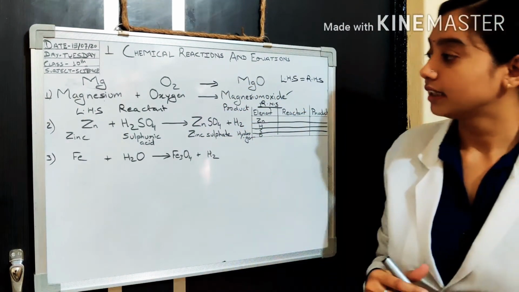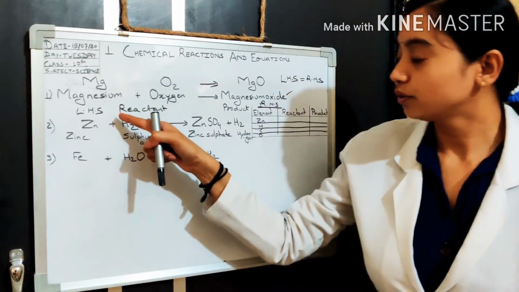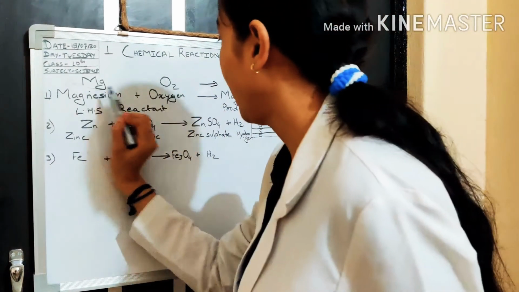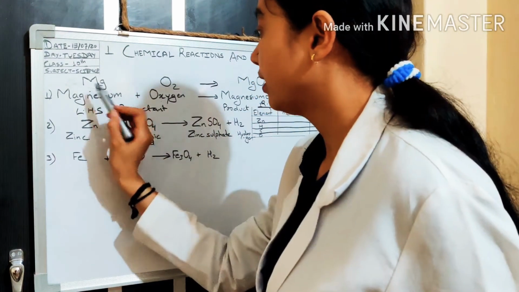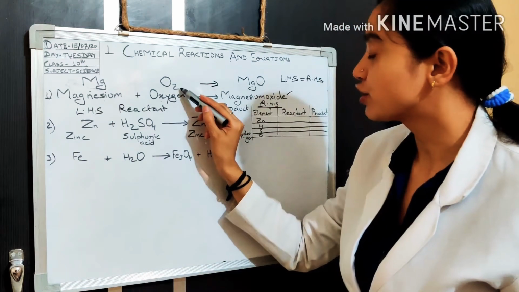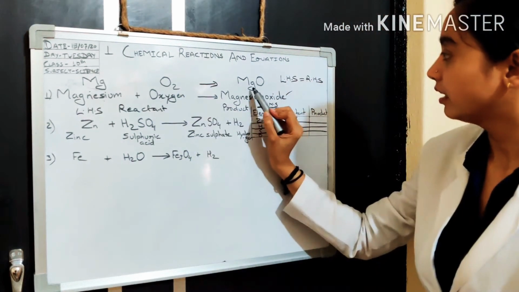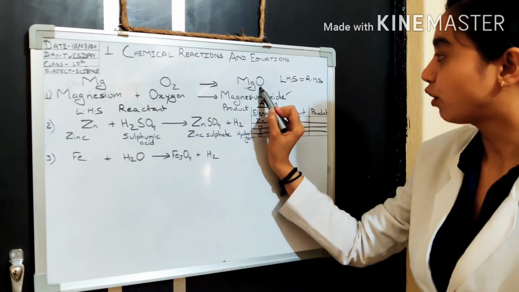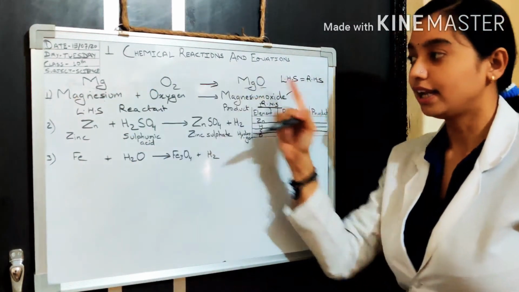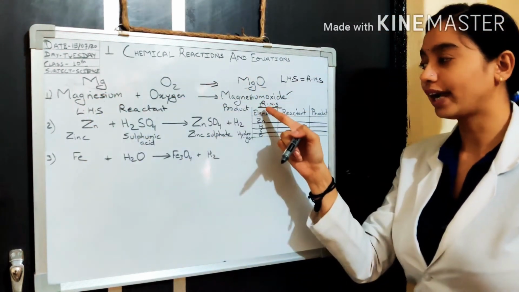On the left hand side, you can see magnesium and oxygen. Here the magnesium atom is 1 and oxygen atoms are 2, and here the magnesium atom is 1 and the oxygen atom is 1. Is left hand side equal to right hand side?